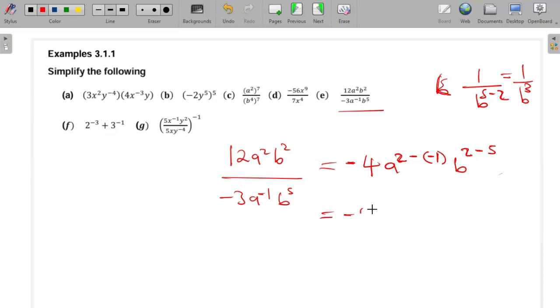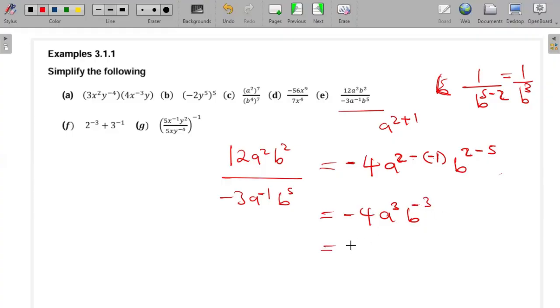So we have negative 4. So the negative by the negative gives us a positive value, so it becomes plus. So you have a 2 plus 1, which is 3. So you get a 3 here. Then you have b here, subtract, you get a what? A negative. So this gives you negative 3.